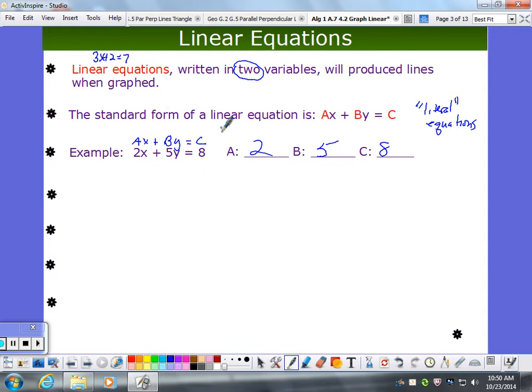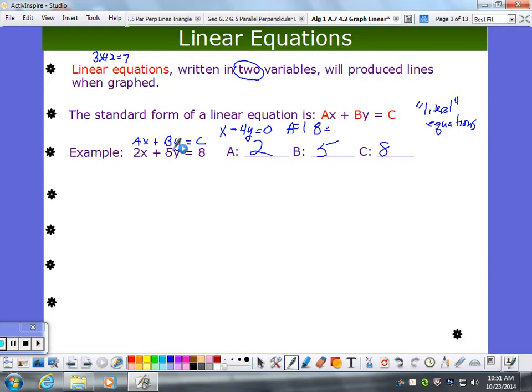Let's do a real quick one. What if I had x minus 4y equals 0? What's the A for this one? 1. I don't see a 1 there. It's there, it's invisible, because 1 times x is x. What's the B? 4?